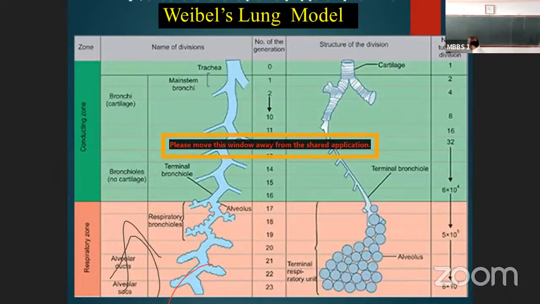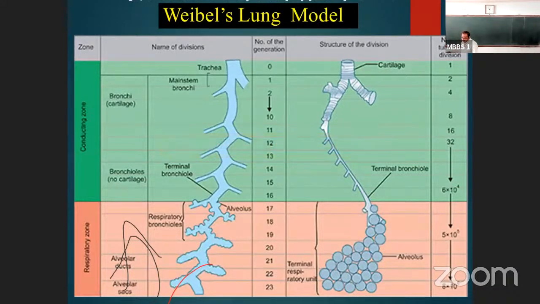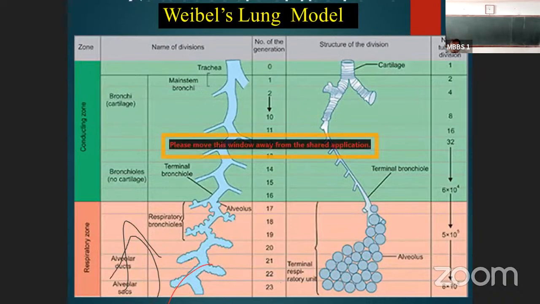Then again, from the 17th generation, there is a presence of alveoli on the bronchi. Understood? And from there, the gaseous exchange will start, ultimately the respiration process has started. So they label it as the respiratory zone.